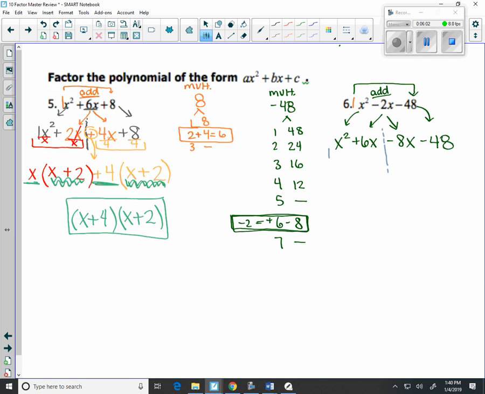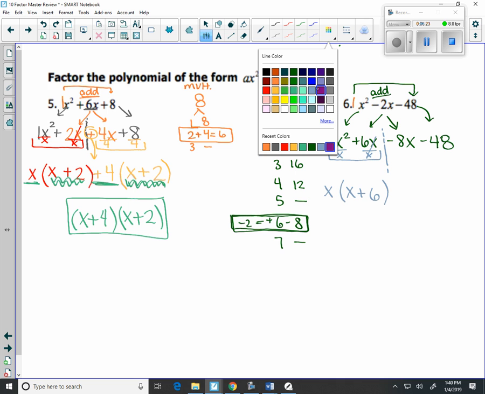And greatest common factor, the first 2. The first 2 are always going to have x in common. X squared divided by x is just a single x. 6x divided by x is 6.